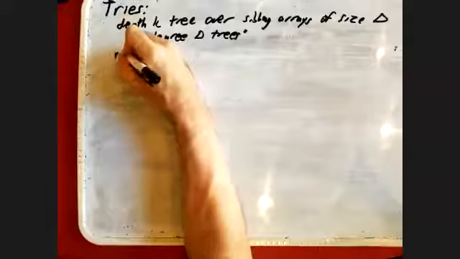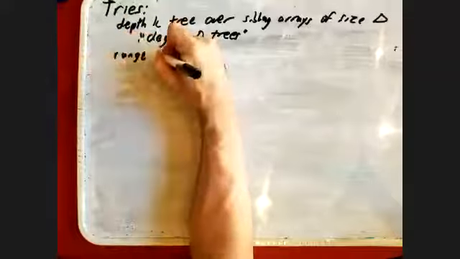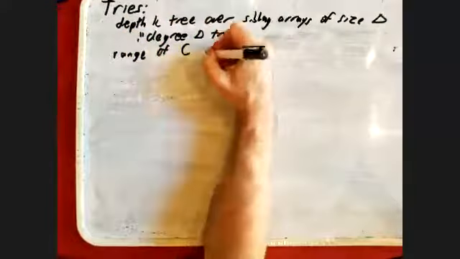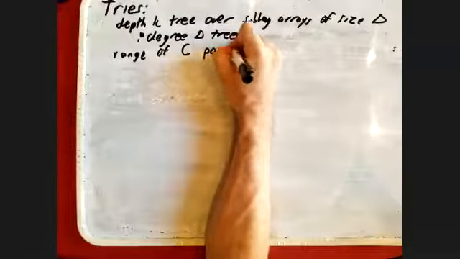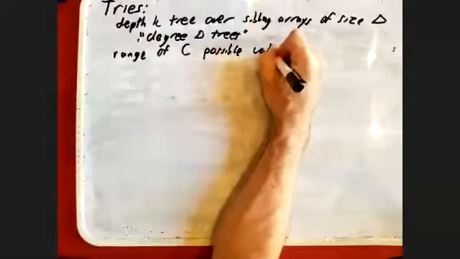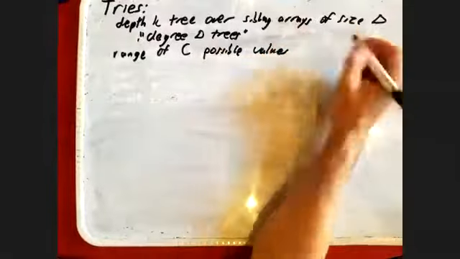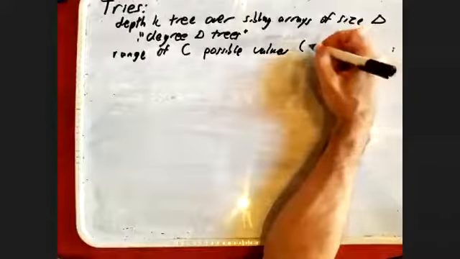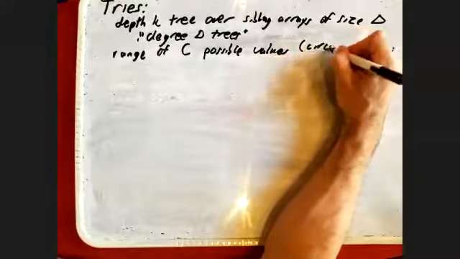For my application, I'm going to have a range of C possible values to store in that trie at a given time. Here I'm going to be again playing the trick of thinking about things in a circle.